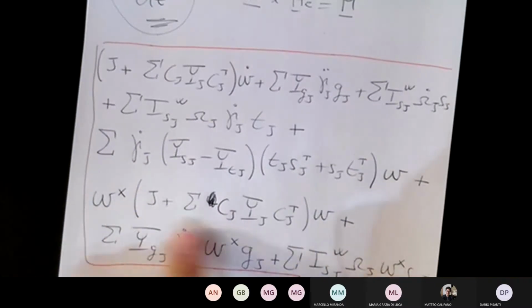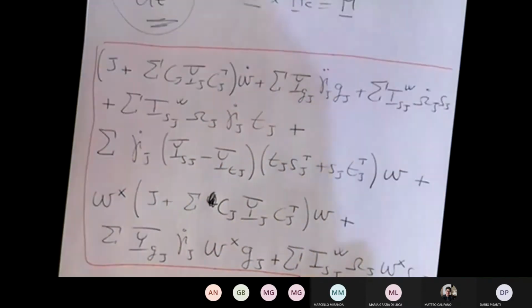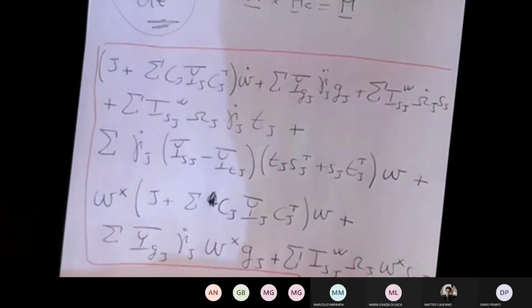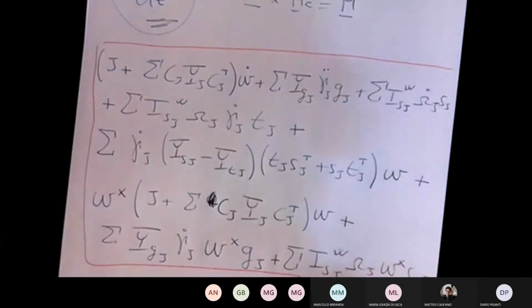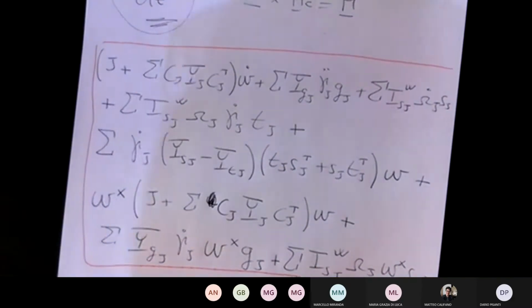Again, this will be omega cross J omega, and all these other terms go to 0. So yes, they do collapse into what we've seen before if the gammas and the omegas cannot change. Okay, questions? A little tedious, but that's what it is.